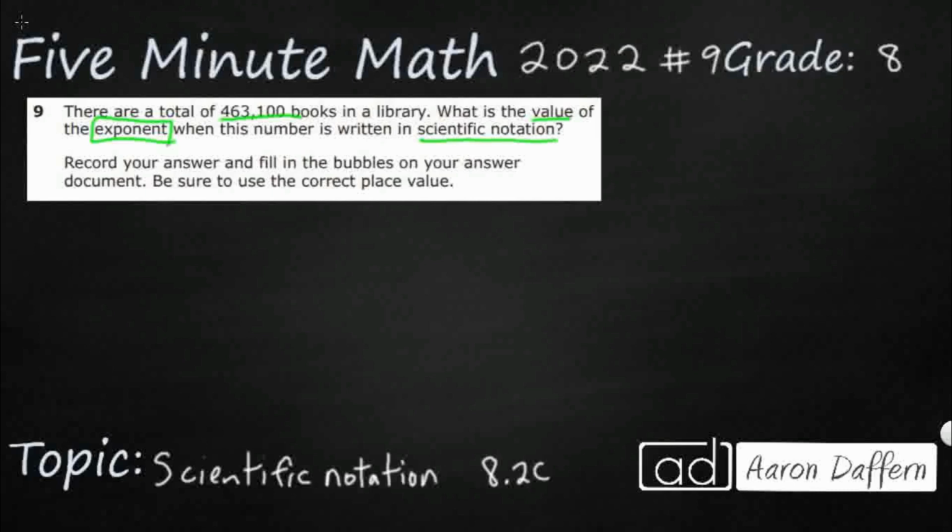So let's take a look at what we know about this, because it is a place value problem, but in 8th grade we know all about place value. Here's the interesting thing: in 8th grade, we're learning about this form of writing really large and really small numbers called scientific notation. Here are the rules: the number has to have just one digit in the ones place, so one whole number.